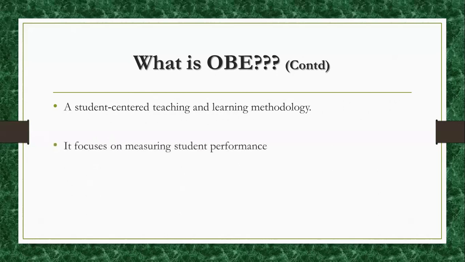Then definitely a lot of times we are evaluating students on the basis of their aggregate marks, what they are aggregating out of 100, and give them their respective grades, A plus or A. And we consider that A plus students are very good and D students are not as good. But as far as OBE is concerned, we have to give marks on the basis of each and every outcome.